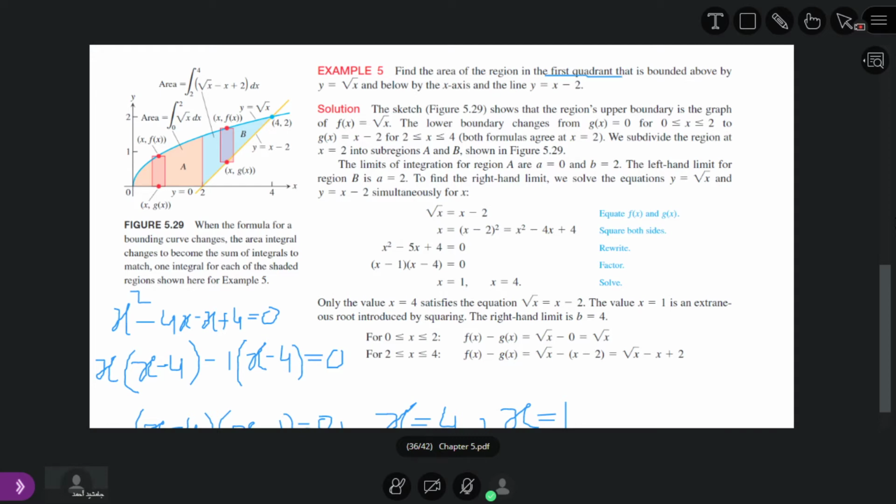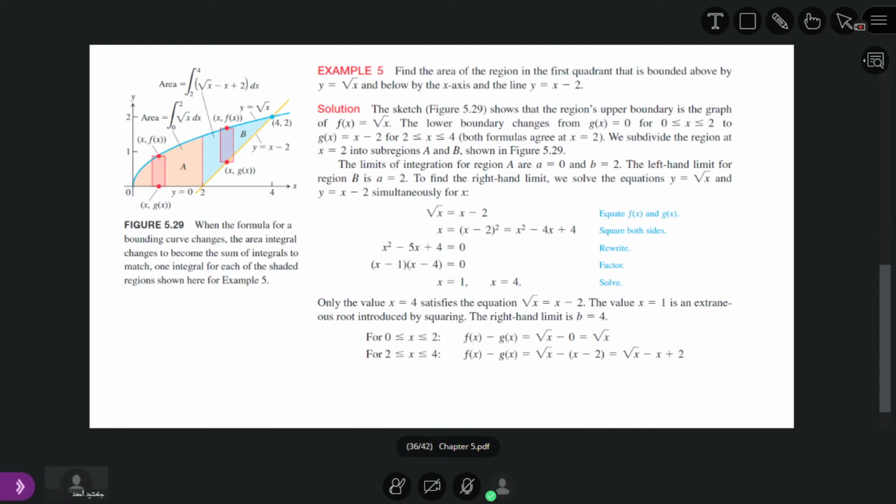So our interval becomes the following: here 0 to 1. Okay, so we can solve it in two different ways. Here by the additivity property, it means from 0 to 2 and 2 to 4 we can use this. And also we can use the direct method.